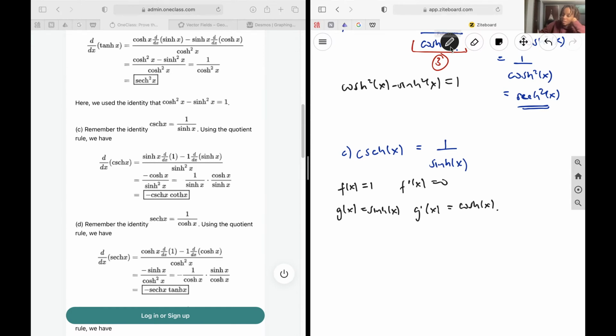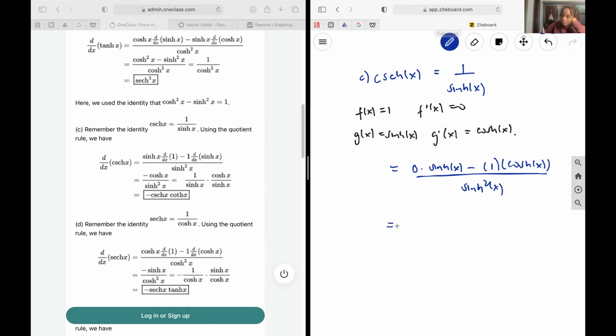And so when you put that all together using the quotient rule, this will give us 0 multiplied by sinh x minus 1 multiplied by cosh x, and this will all be over sinh squared x.